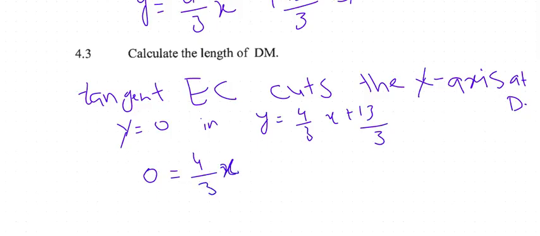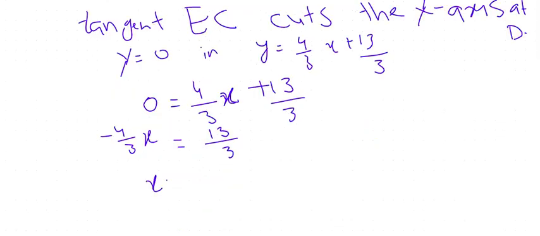Now we have minus 4 by 3 x equals 13 by 3. So from there we get the value of x, which is 13 by 3 multiplied by 3 by 4.